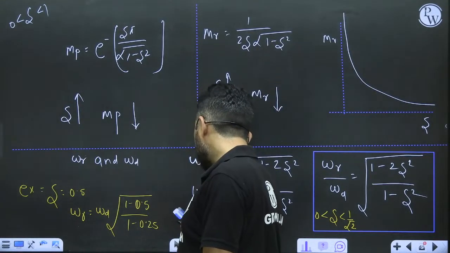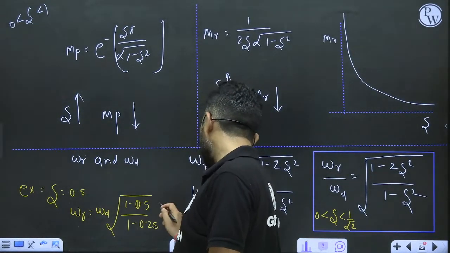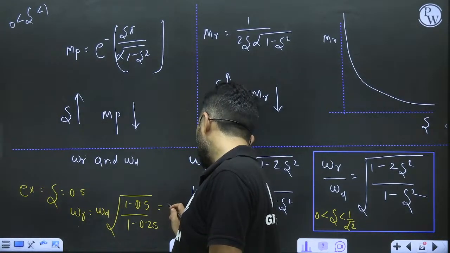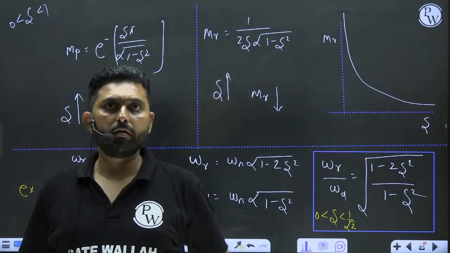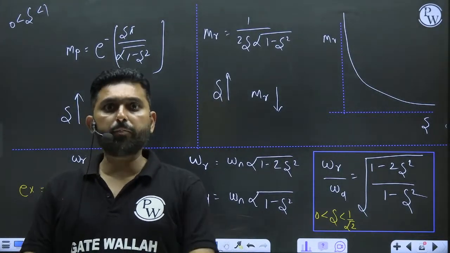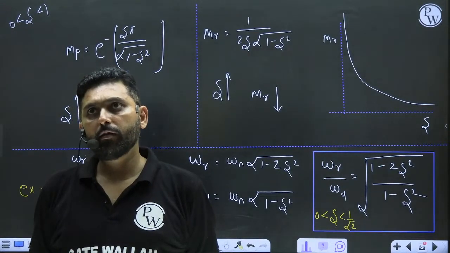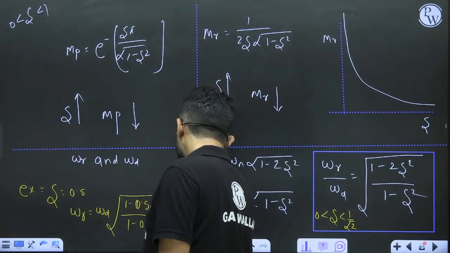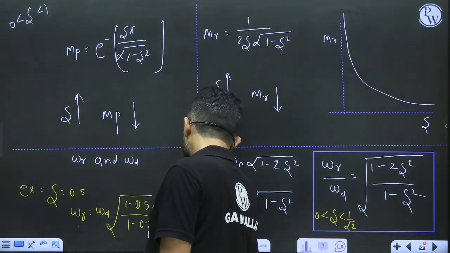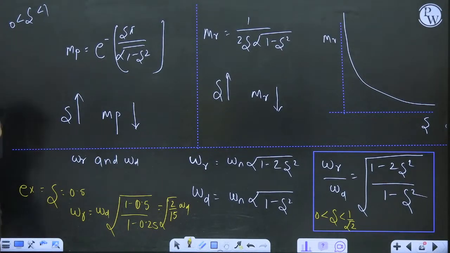Tell me. 0.5 by 0.75, which is 2 by 3, root of 2 by 3 omega d. Check it when you put zeta equal to 0.5.